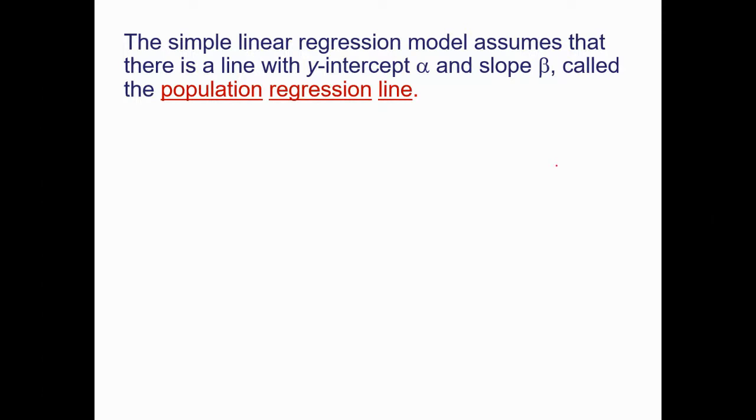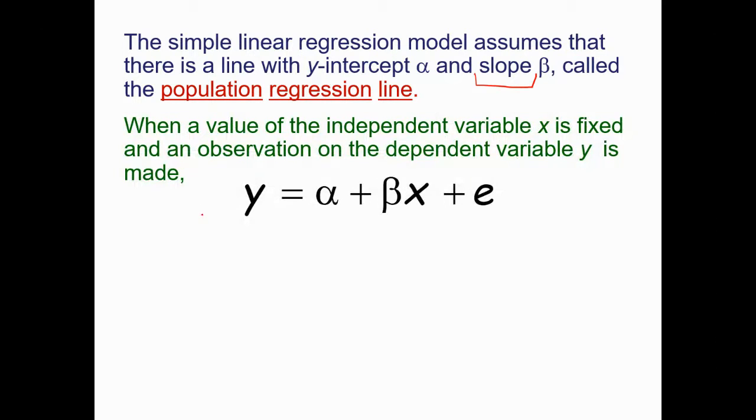See, it's right in the PowerPoint. So on your notes, it should say slope beta, not y-intercept beta. And it looks like that one that I just showed y'all: y equals alpha plus beta x plus e, in our case, or epsilon.